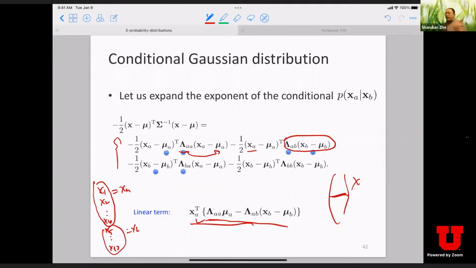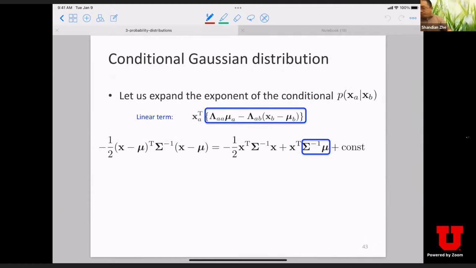Then we can conclude, first, that this conditional distribution, given XB, where XB is viewed as a constant, the distribution of XA is still a Gaussian distribution. And second, from what is inside these two terms, we can match the conditional mean and the conditional covariance matrix for this conditional distribution. Does it make sense?